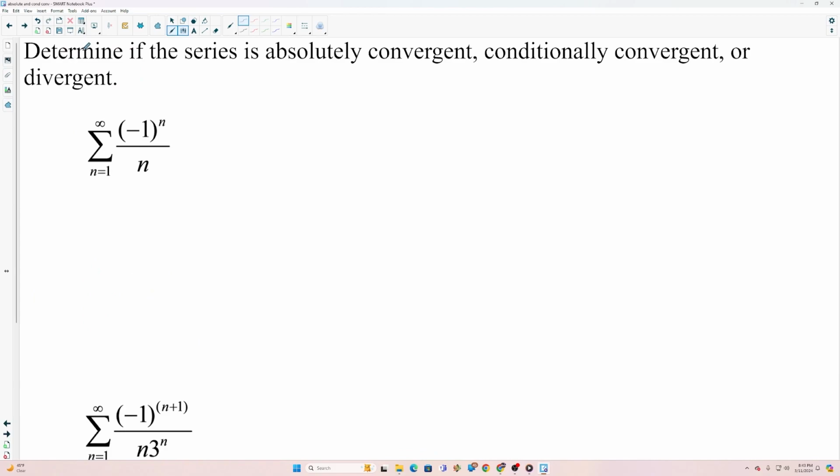Determine if the series is absolutely convergent, conditionally convergent, or just plain old divergent. Let's take the absolute value, n equals 1 to infinity. This becomes 1 over n, so we can say diverges by harmonic series.